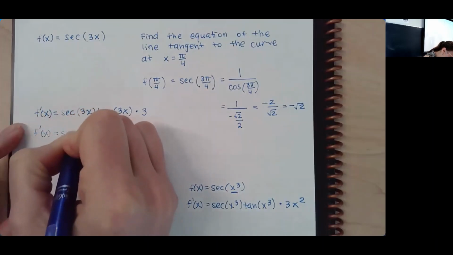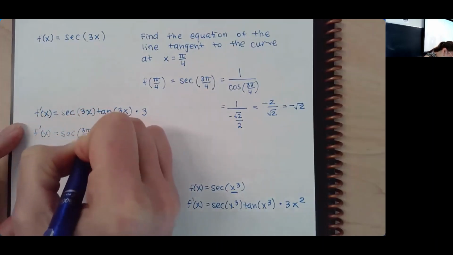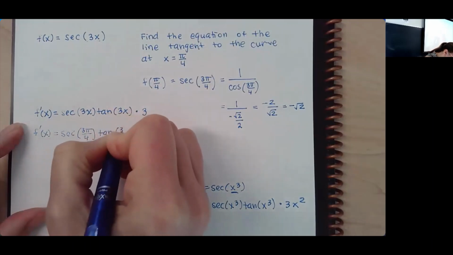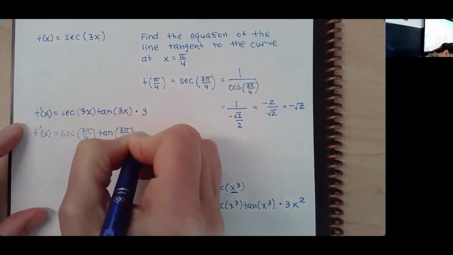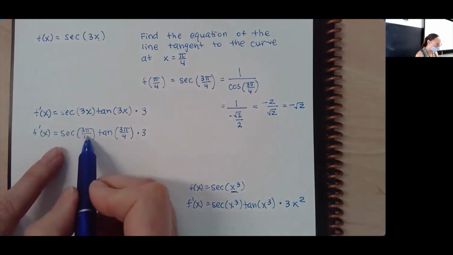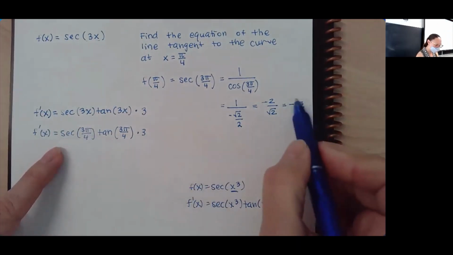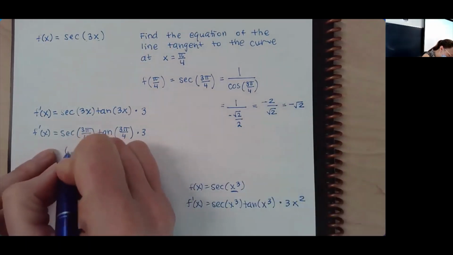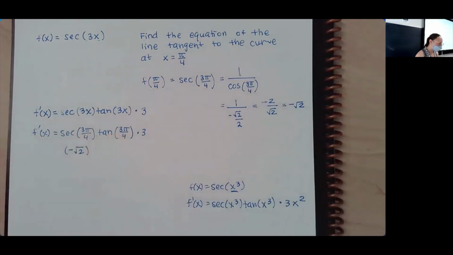So we're going to have secant of 3 pi over 4 times tangent of 3 pi over 4 times 3. And conveniently, we've just figured out what secant of 3 pi over 4 is. We know that's going to be negative square root of 2. Tangent of pi over 4 is 1 because it's the place where my sine and cosine values are equivalent.